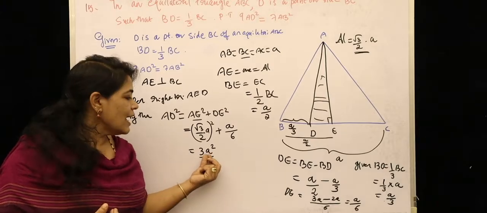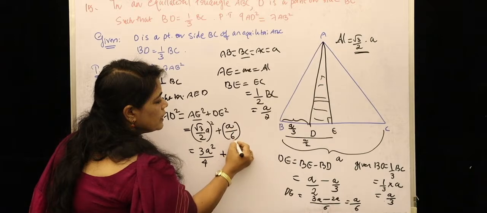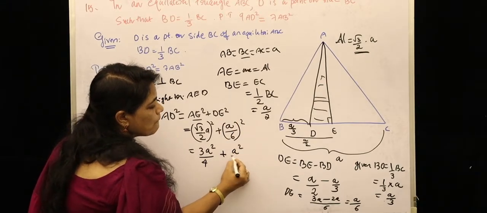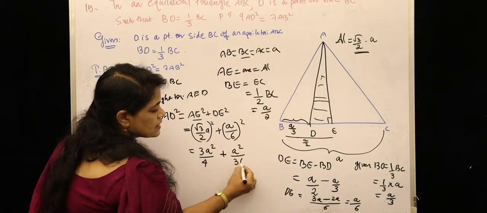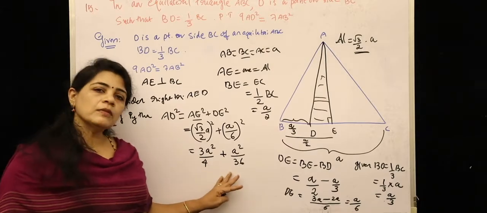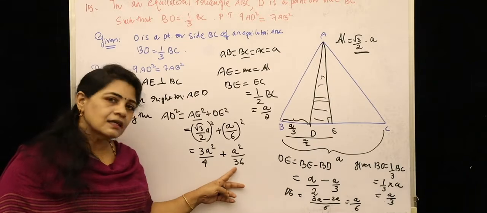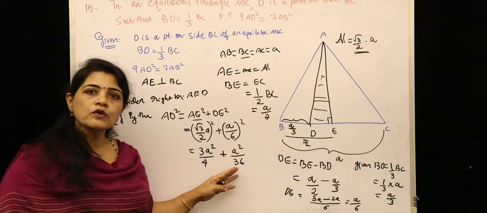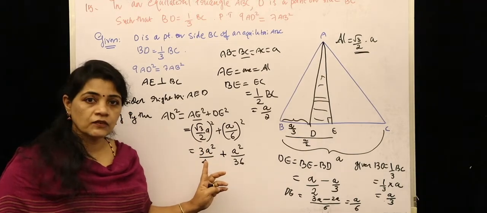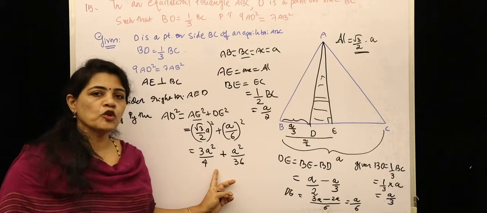So 3A square by 4 plus here we have A by 6 square, DE square, so A square by 36, since 6 square is 36. Idea is clear, children? Then how can we simplify this? Here see the denominators, different unlike terms. But 36 is a multiple of 4. So which number should we multiply both the numerator and denominator of the first term with, in order to make the denominator the same?